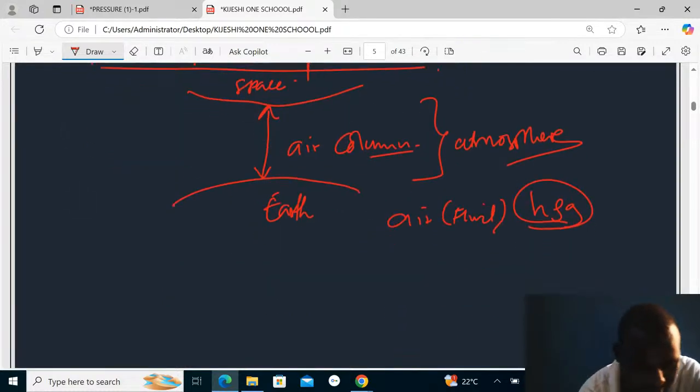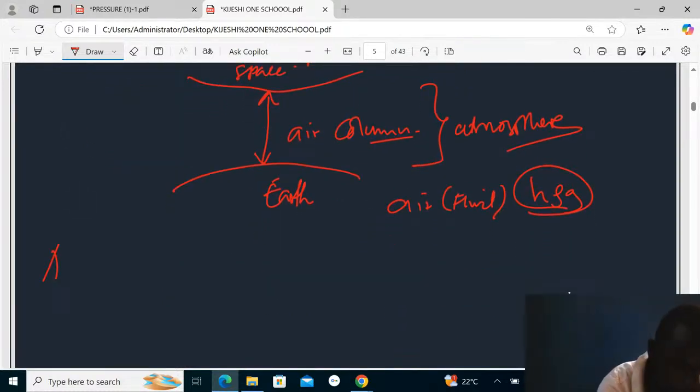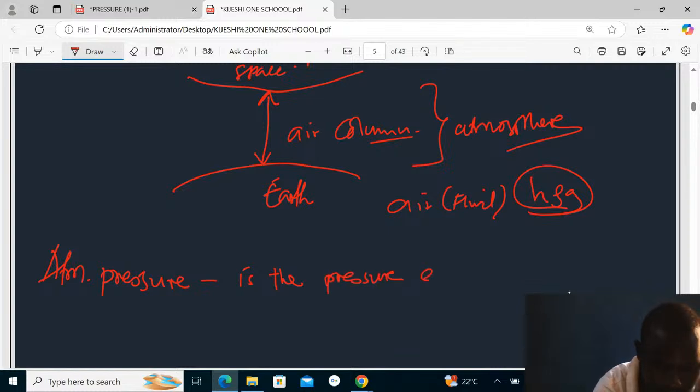Therefore, we can say atmospheric pressure is the pressure exerted on Earth's surface due to air column.